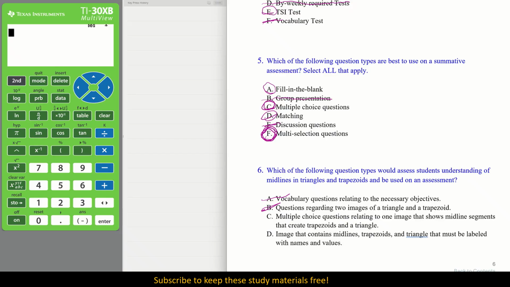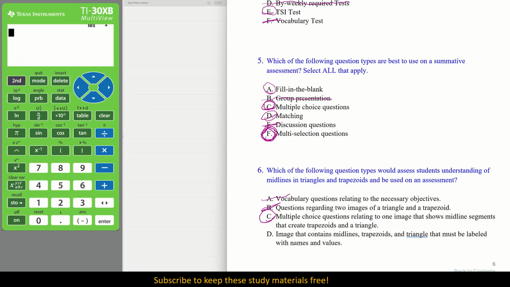Let's see. C, multiple choice questions relating to one image that shows midline segments that create trapezoids and triangles. Okay, now I believe I like that one, and I'll tell you why. Calculator's not going to help you with this. If you've noticed, the calculator isn't going to help us with this particular video at all.